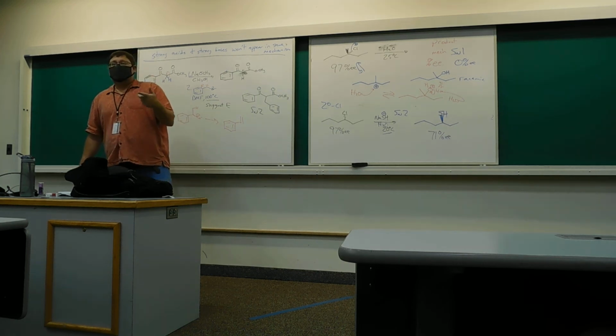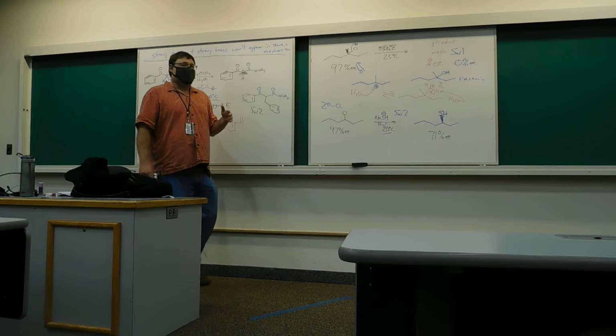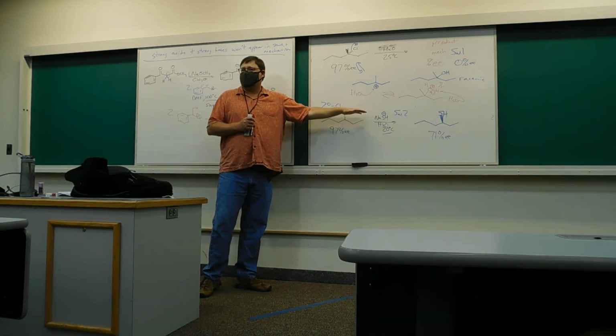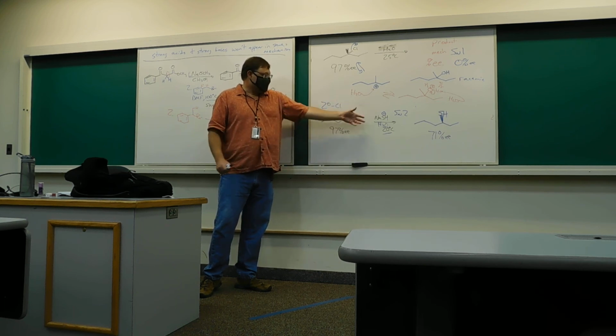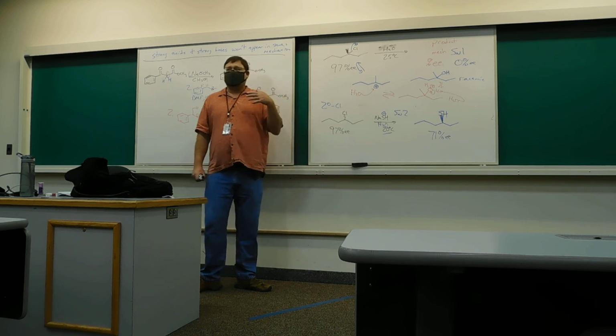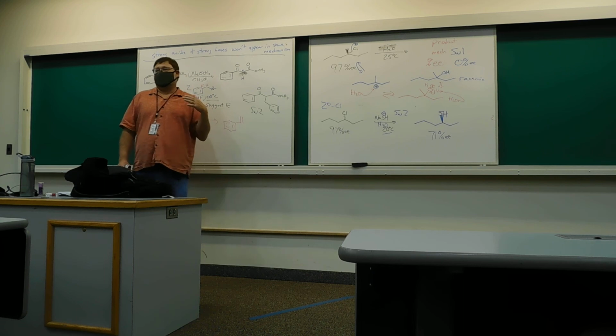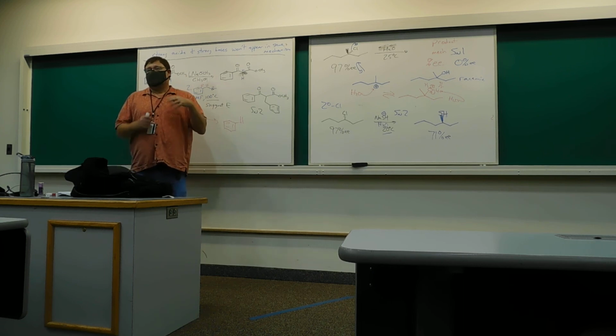This does happen a fair amount: as we increase the temperature, or if I do things that accelerate SN1 at the expense of SN2, I'll find a lower EE. So if I did this reaction in water and I lost EE, I'd probably try an aprotic solvent. Maybe I would cool it down. There's a lot of tricks you can play.